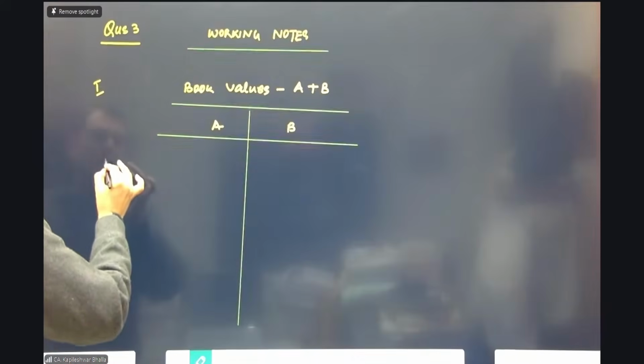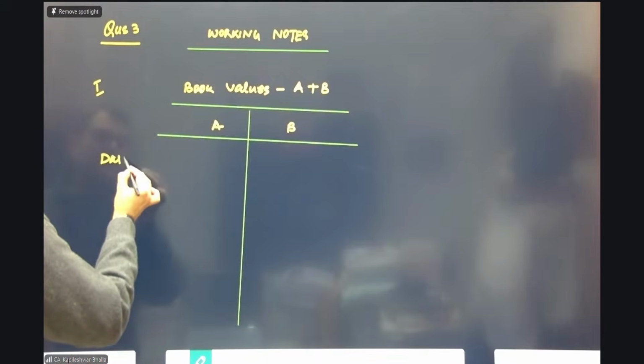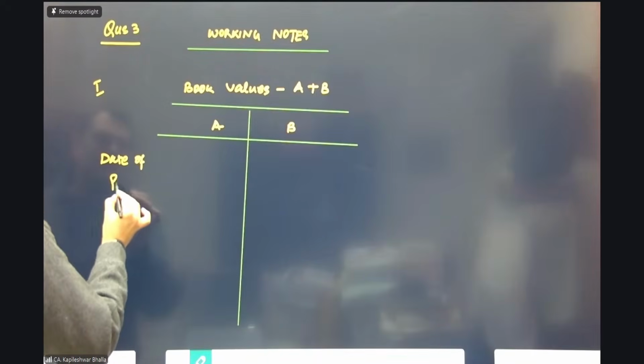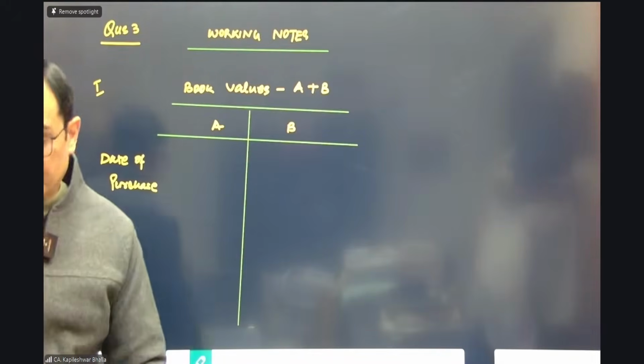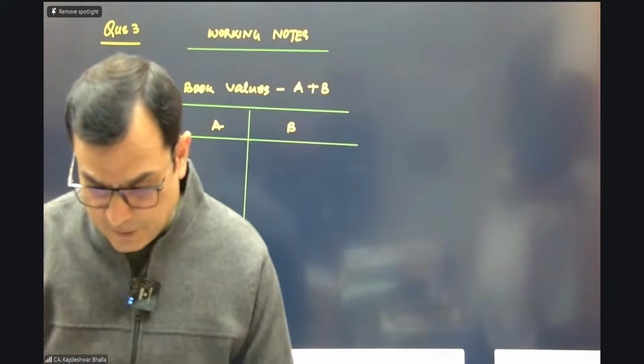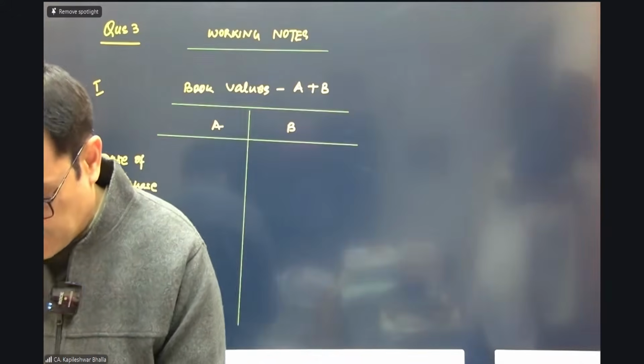So first let's calculate what was the date of purchase, so that we know how many years of depreciation is to be taken. I'm just keeping the question in front of me.